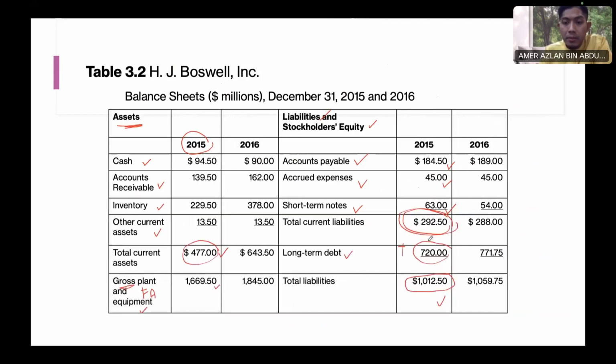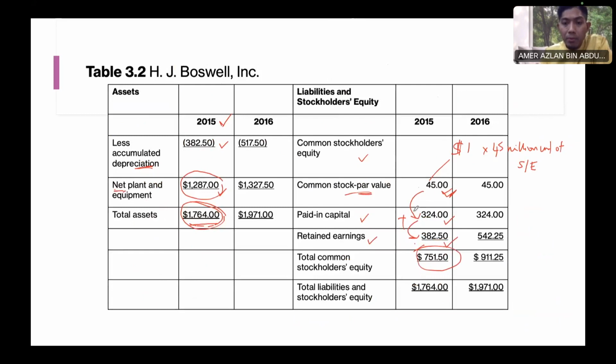So total liabilities plus total stockholders' equities, therefore you get the total liabilities and stockholders' equities around 1764, which is the same as the total asset. And this is how the company finances its assets, using liabilities and stockholders' equity.